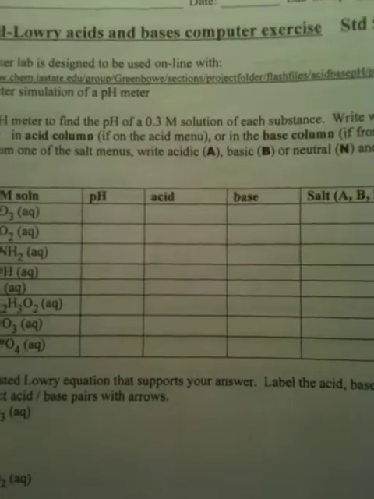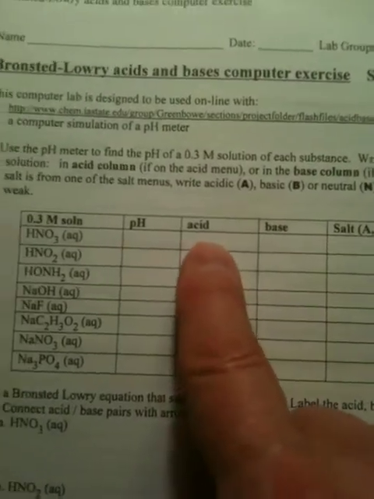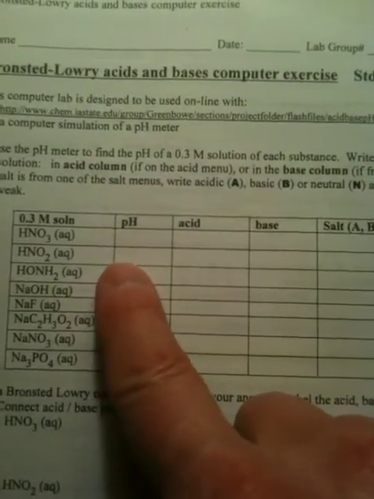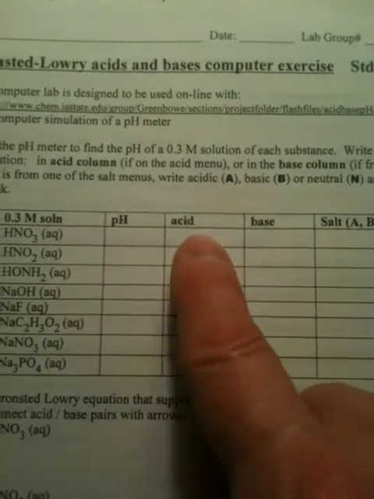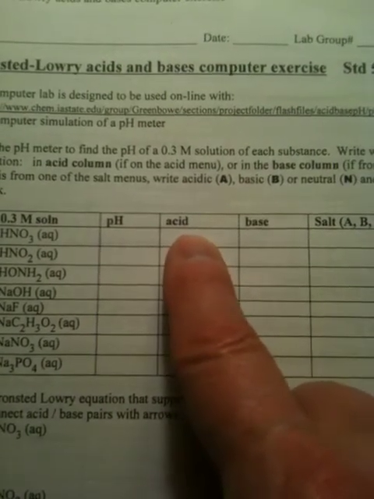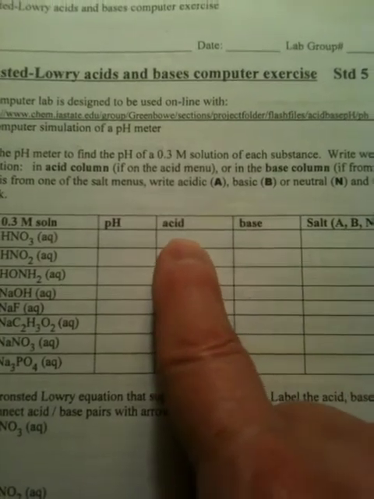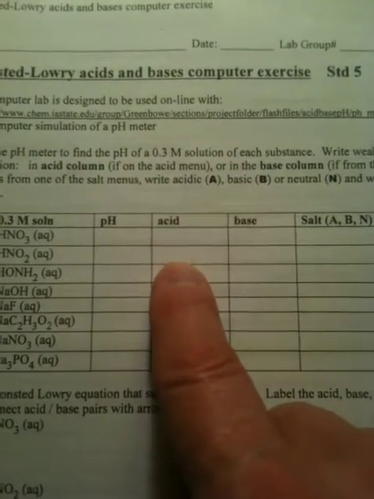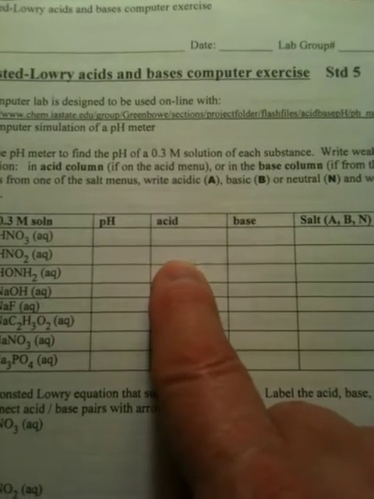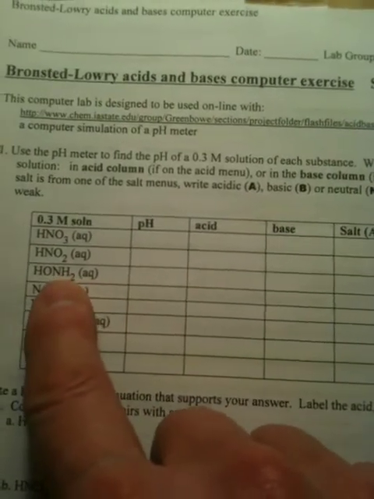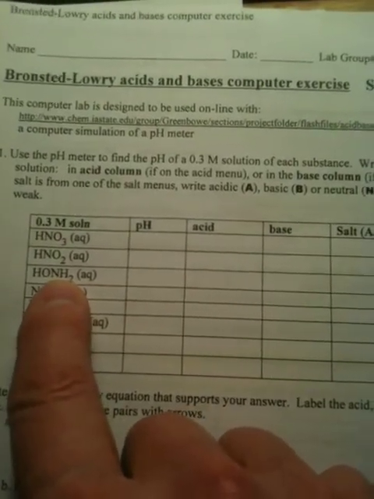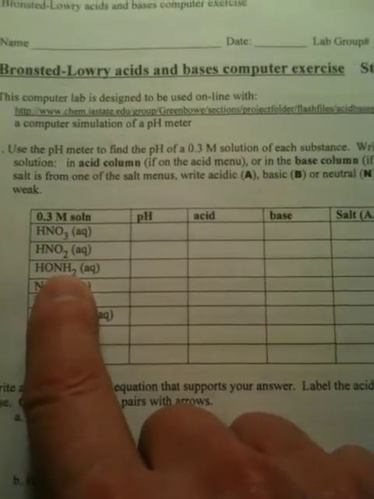Right here in this area, for your 2 acids from the acid menu, you're going to mark a strong acid and a weak acid, SA and WA. When you get to this one, you'll find out that it is not a strong base, because it's not on that list.